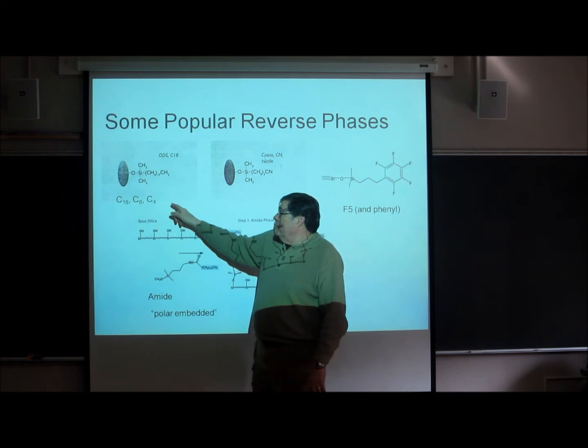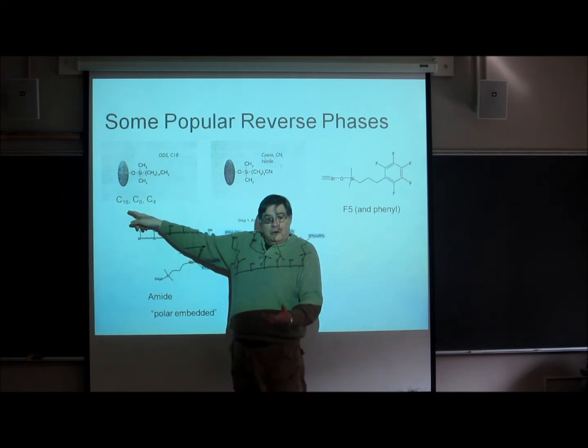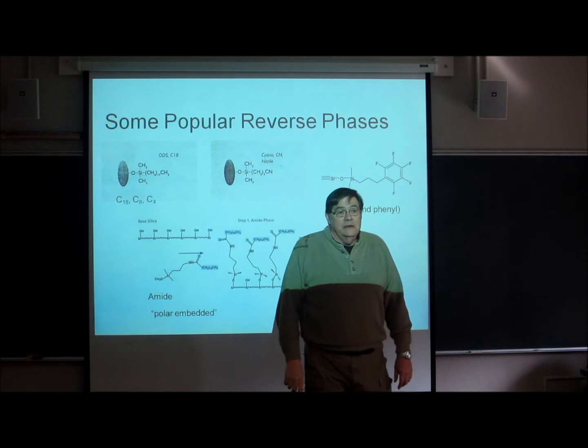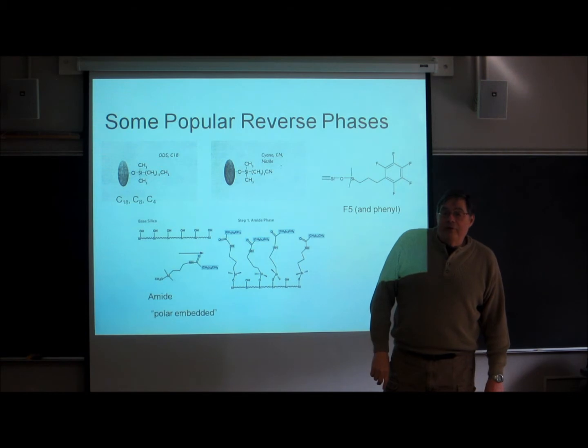So what you find here is that C18 is the strongest reverse phase medium. It does the best separation. And C4 isn't nearly as selective as C18. It still does its own job. It does okay. And you make a choice between C18 and C8 and C4 based on the particular application.